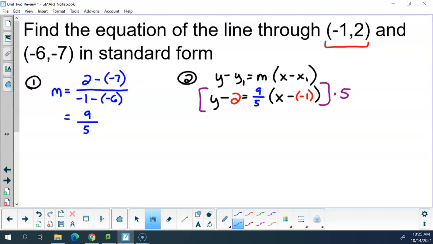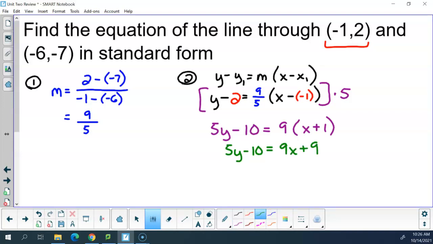That's going to give me 5y minus 10 equals 9 times the quantity x plus 1, with the minus and negative turned to a plus. So this gives me 5y minus 10 equals 9x plus 9.